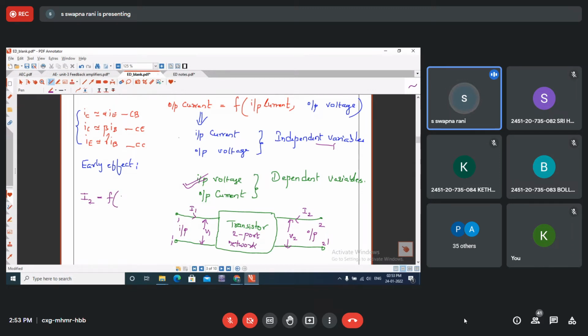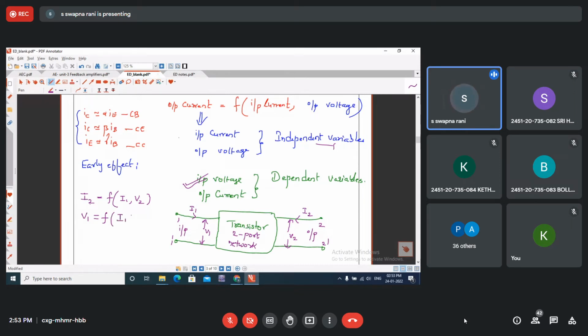Therefore, output current I2 is a function of input current I1 and output voltage V2. In a similar way, we have one more dependent variable, V1.